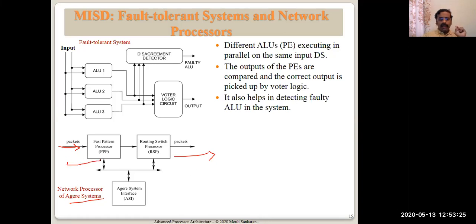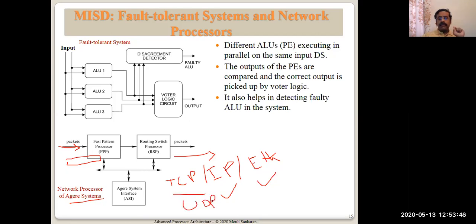So the packet comes in, as you know, TCP/IP, we have multiple layers of protocol. So even Ethernet. For routing a packet, you have to look into IP and Ethernet. If any application specific information has to be seen, whether it is UDP or TCP, it has to look into the TCP packet also. So a network packet coming in will have different headers. If you recall, Ethernet header here, IP header here, and TCP header here.